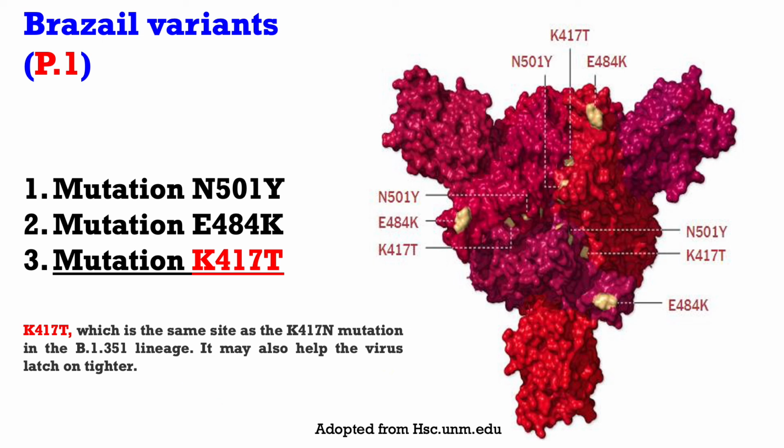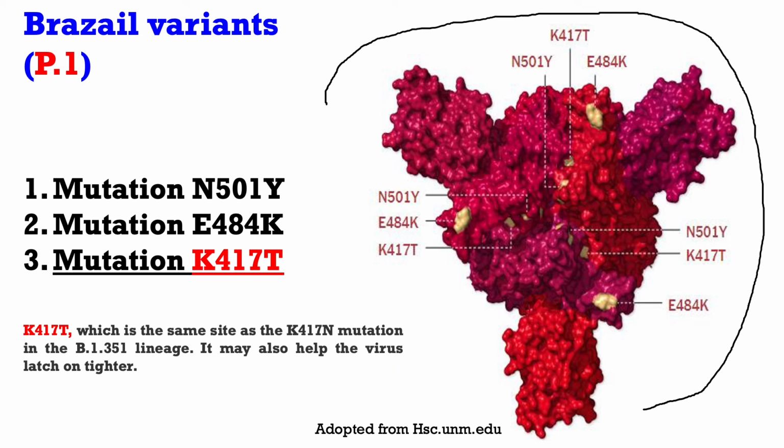What you see here in this diagram is the structure of the Brazilian variant spike protein. You can see the mutations in the spike protein of the Brazilian variant of the coronavirus COVID-19.